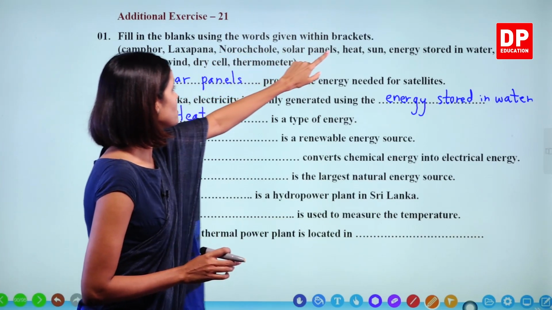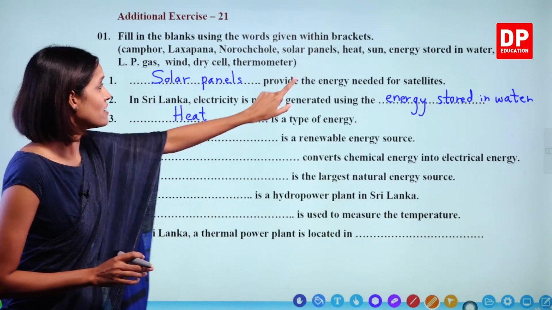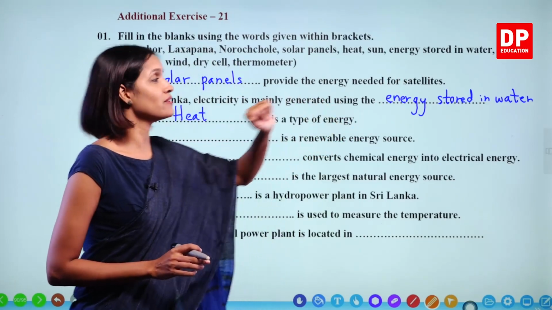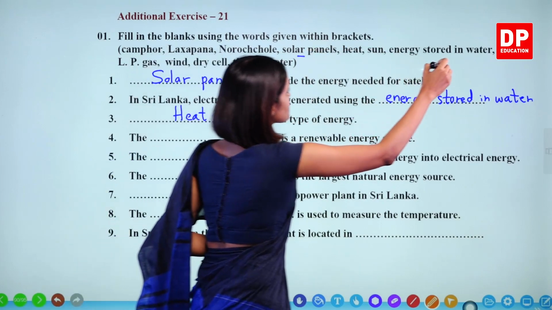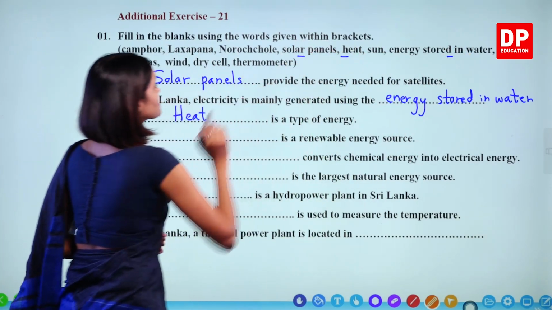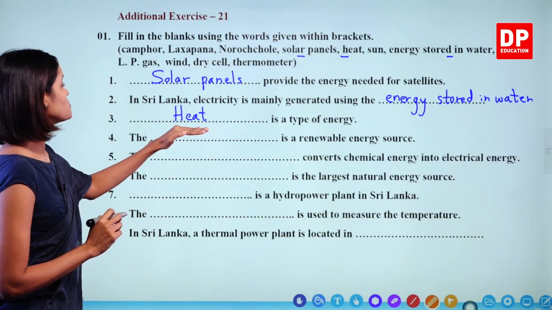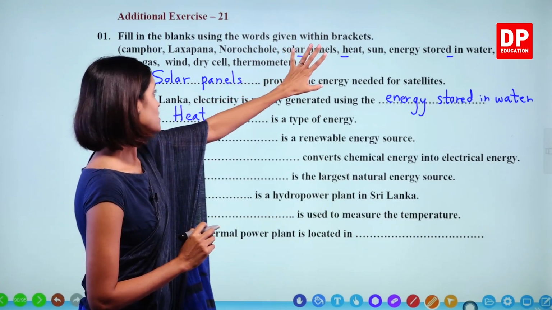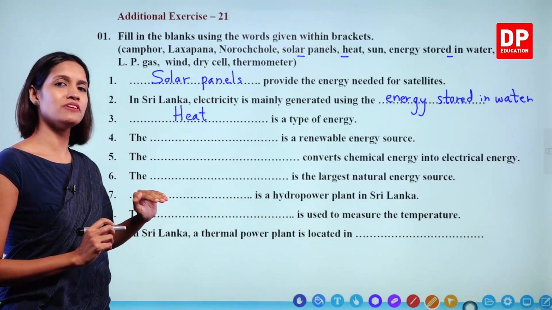Here we have sun and wind as renewable energy sources. And we have energy stored in water as well, but we used it here, right? So we will mark the used ones first: solar panels, energy stored in water, and heat. So we have 2 answers for this one. Therefore, I am going to leave this for now, because we can write either of these answers, sun and wind.